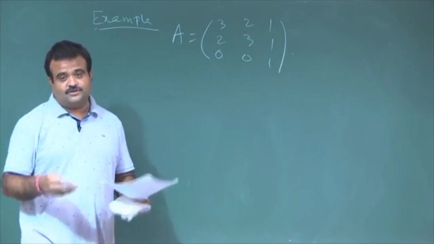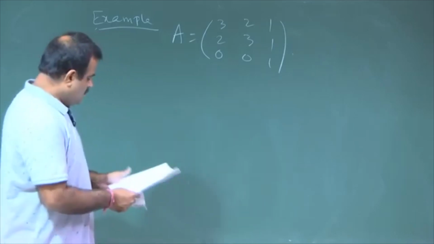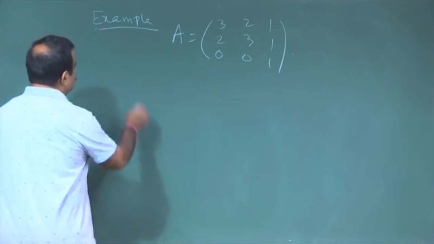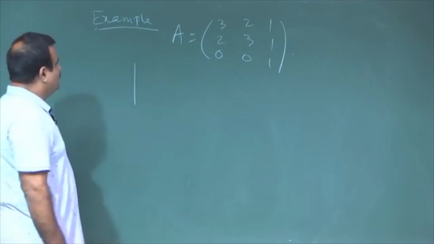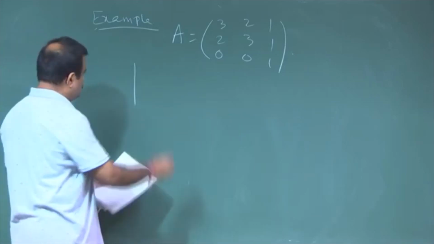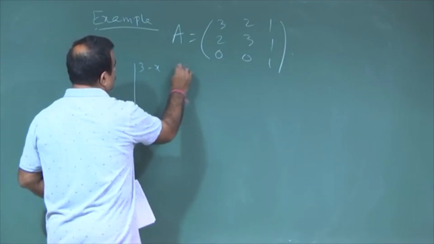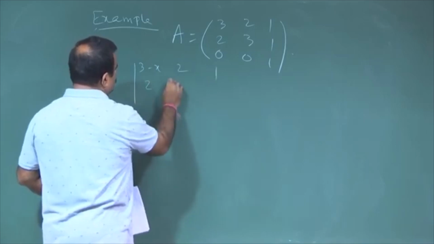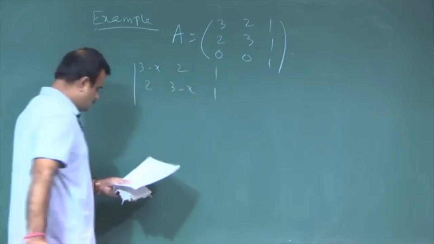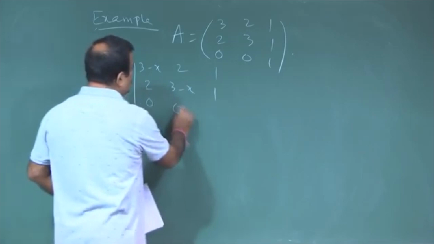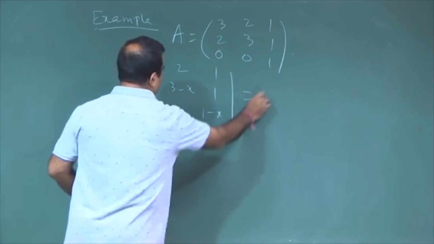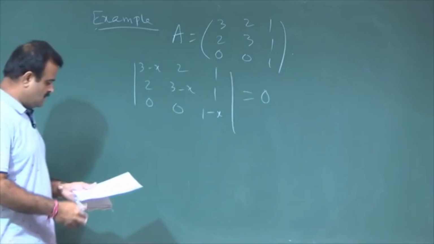So, first we need to find the eigenvalues of this. To find the eigenvalues we need to consider the characteristic equation of this matrix. So, this is 3 minus x, 2, 1; 2, 3 minus x, 1; 0, 0, 1 minus x.